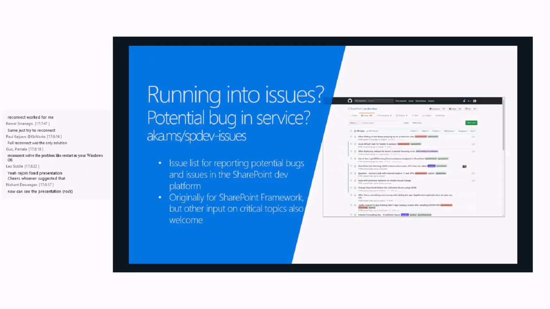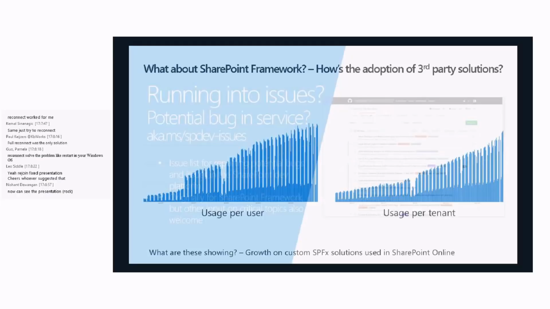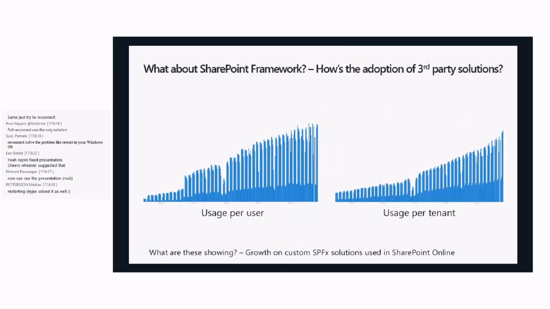There we go. Now, some new updates on the usage. These are updated today, so from Wednesday, this is actually having yesterday's data as well. They do not have actual numbers, but they give you an indication of the growth. The left one is showing the user-based growth, how people are using SharePoint Framework and third-party customizations in SharePoint Online, and how it's growing quite nicely.